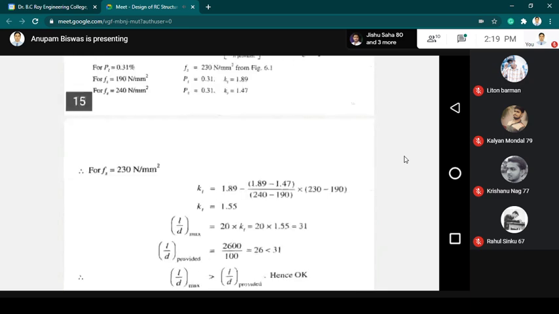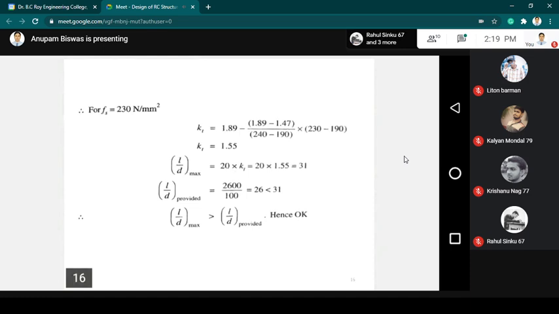Next step is to find the value of KT for the corresponding value of Fs. So here by multiplication we can find it out.